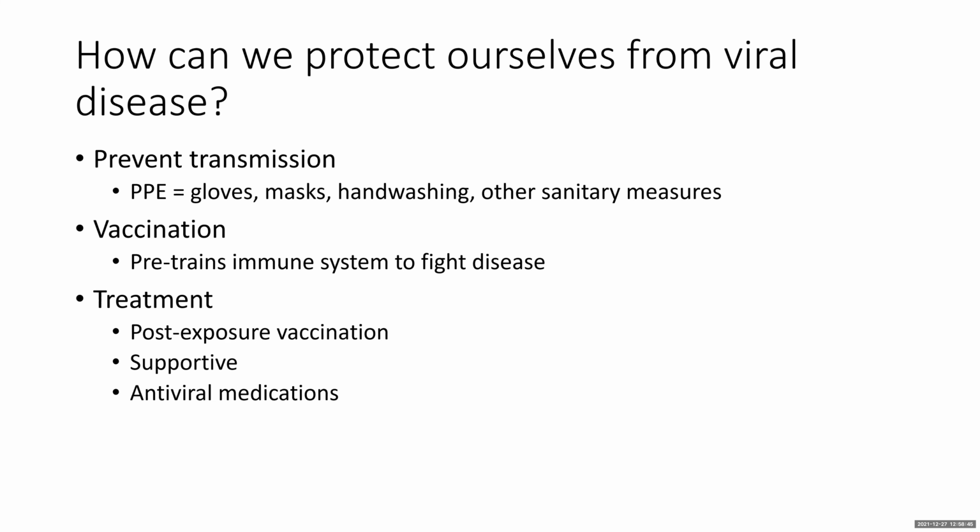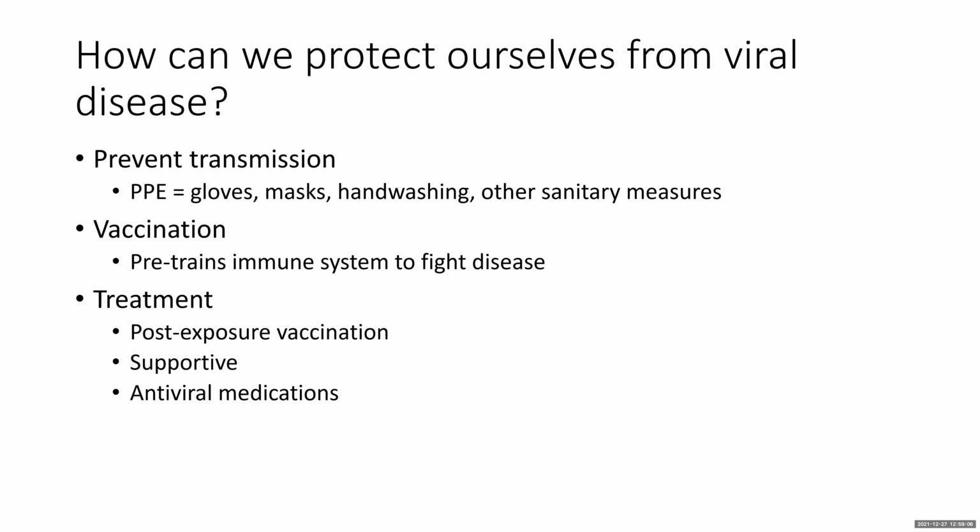So we'll come back to what a vaccine does when we talk about the immune system later on in the semester. But because we don't have very many antiviral drugs, vaccination to prevent a serious infection is the best way that we have to protect our populations from viral diseases.